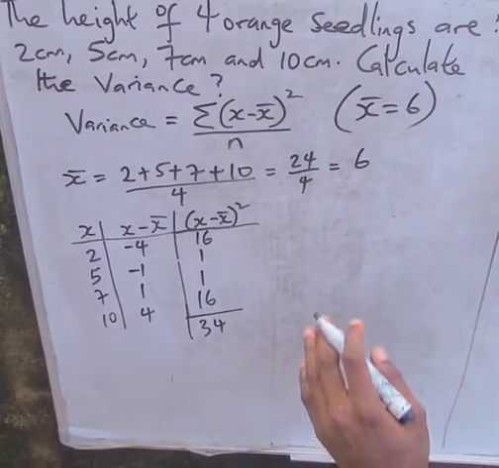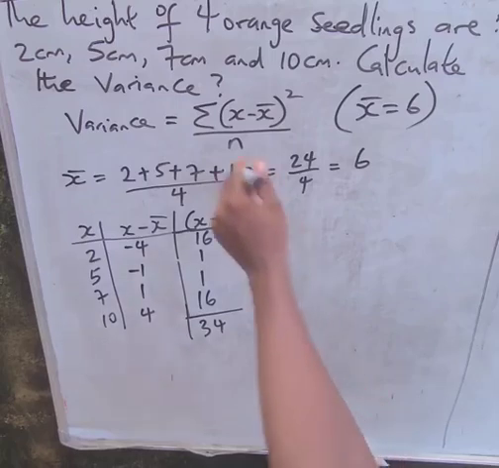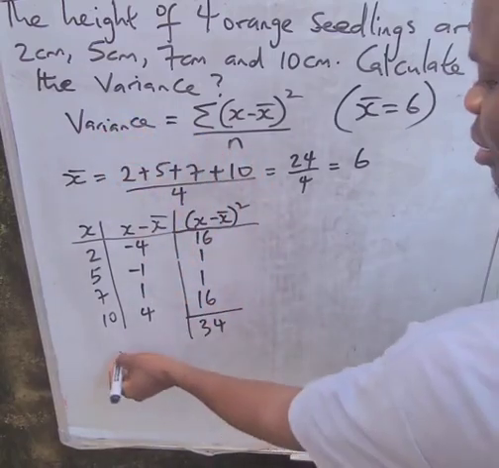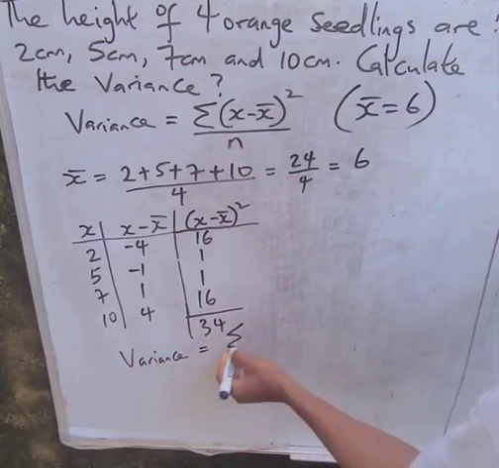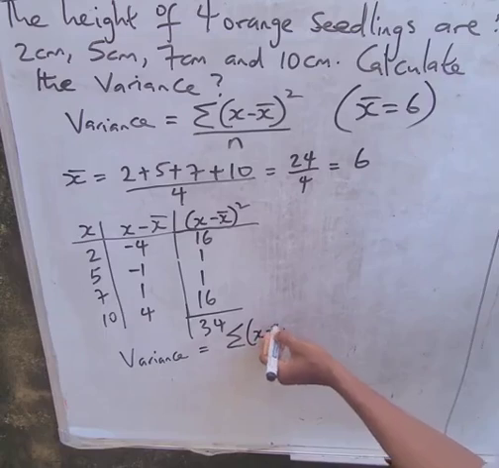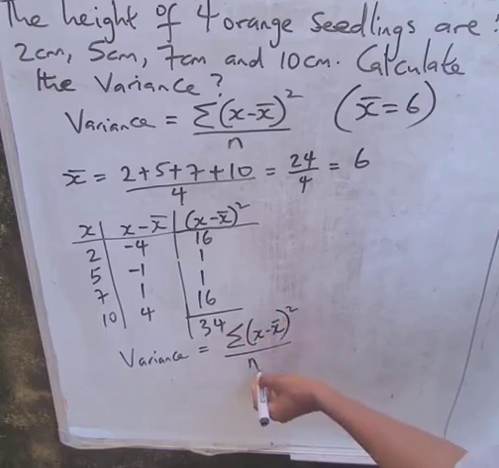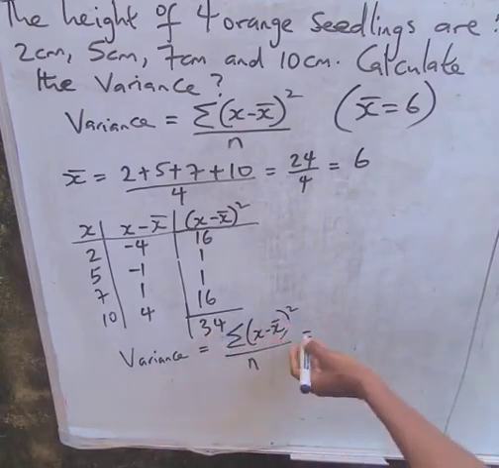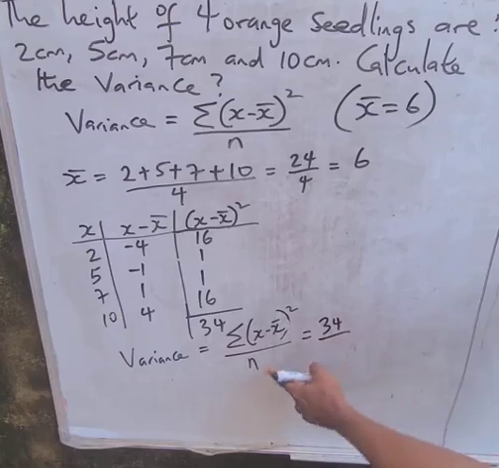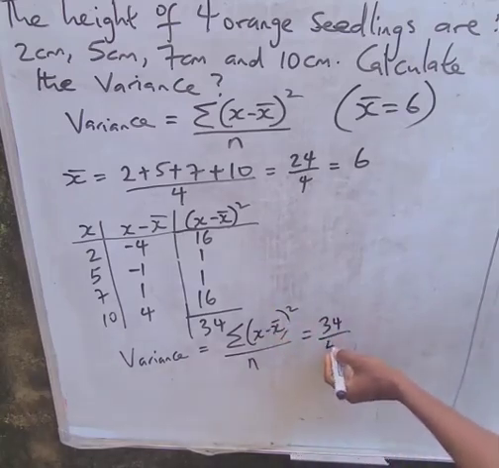Okay, and once you're done with that, now you have your variance, which is summation of x minus x bar all squared all over n. So this is equal to 34 over your n, which is 4.